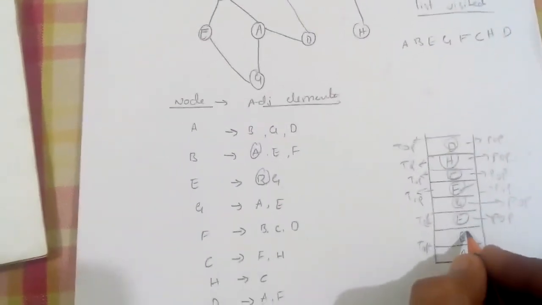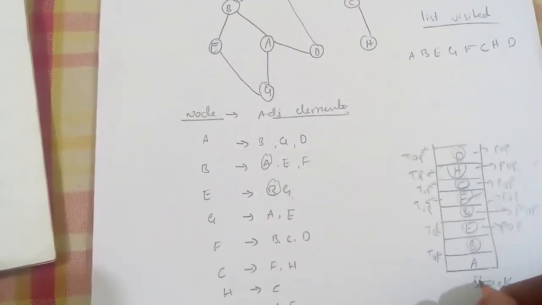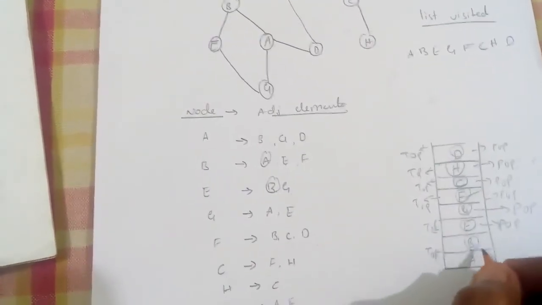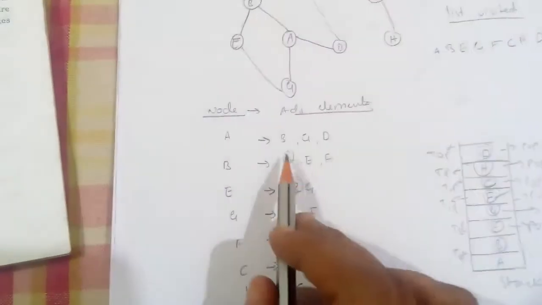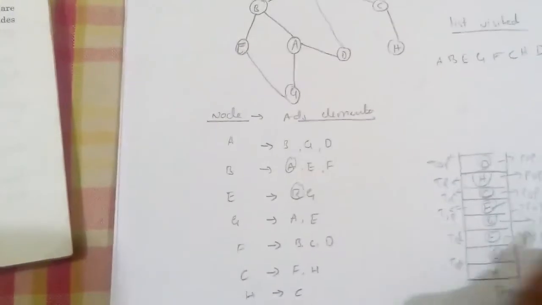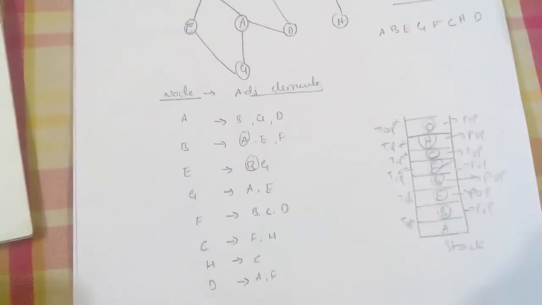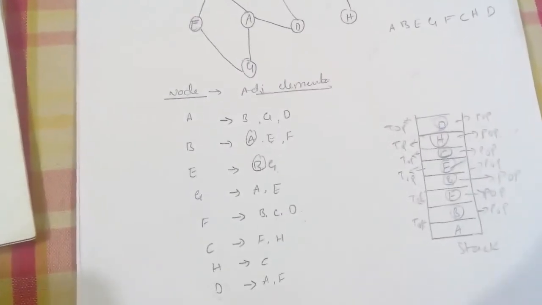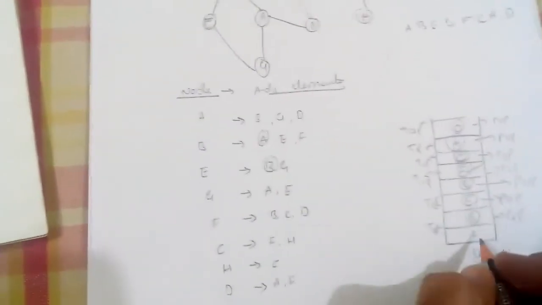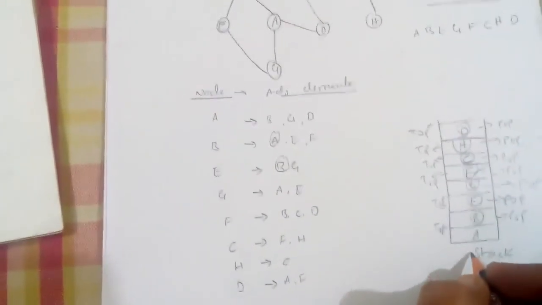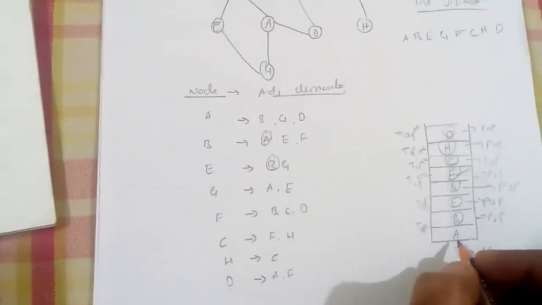Next, the top element is B. All adjacent nodes A, E, F are visited, so B is popped from the stack. Next A is on the top of the stack. A has all adjacent nodes visited.